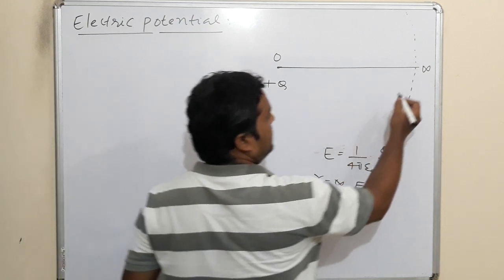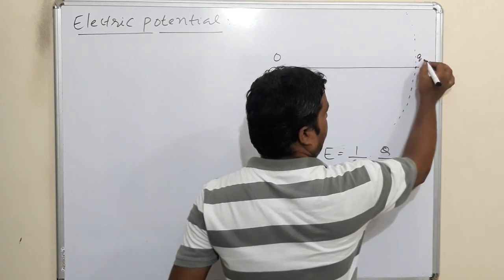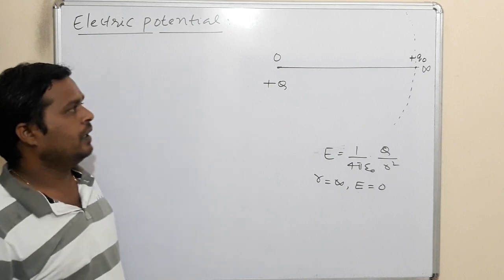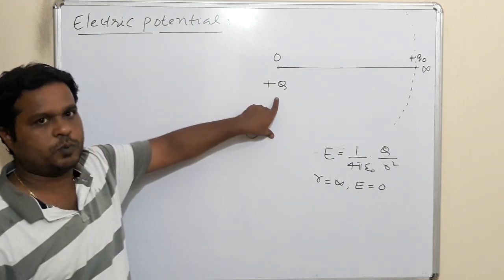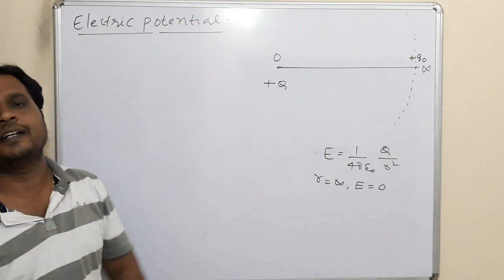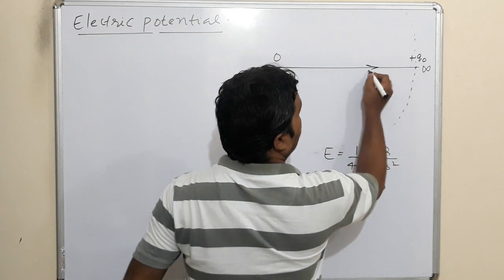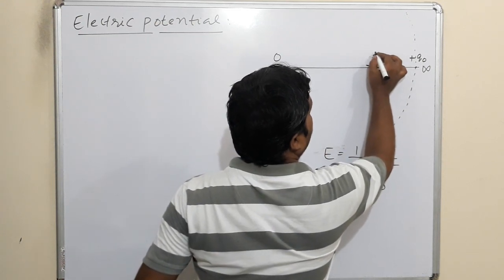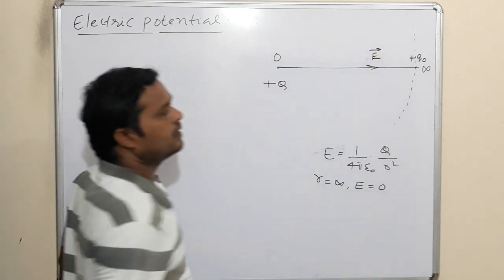At this point where the electric field ends, I will place a test positive charge, a unit positive charge. Since this is a positive charge, the electric field will be directed away from it.